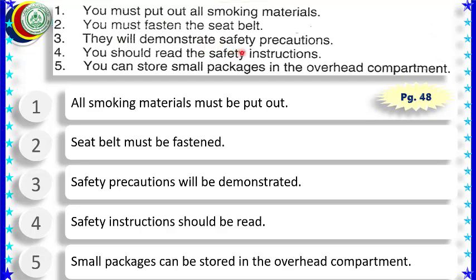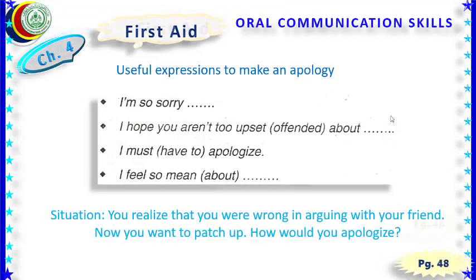They will demonstrate safety precautions: safety precautions will be demonstrated. You should read the safety instructions: safety instructions should be read. In this way, we shall complete this exercise. Yes, students, this is oral communication skill.